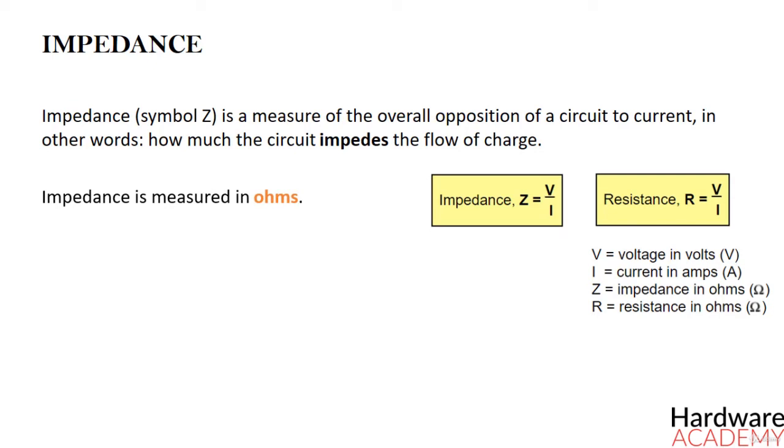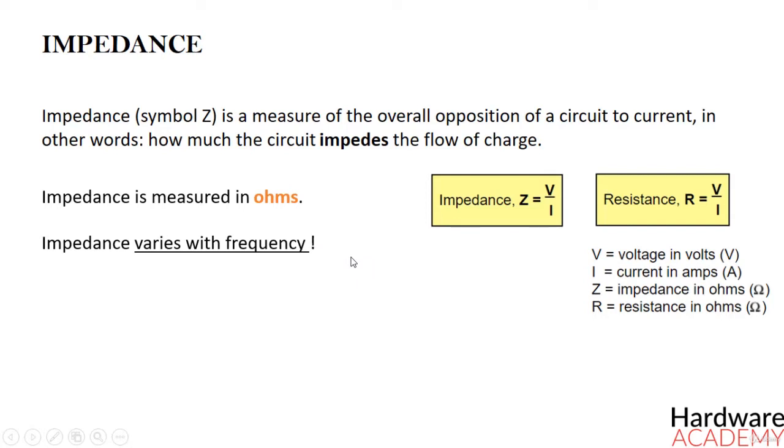Impedance is more complex than resistance because the effects of capacitance and inductance vary with the frequency of the current passing through the circuit, and this means impedance varies with frequency. The effect of resistance is constant regardless of frequency.